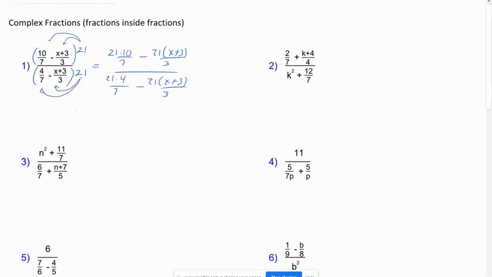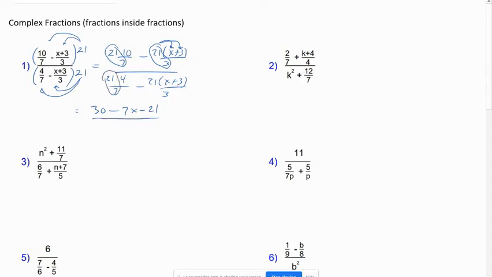Okay, and so now these can all be simplified. 21 divided by 7 is 3, times 10 is 30. 21 over 3 is 7. 7 times x and 7 times 3 gives us negative 7x minus 21.